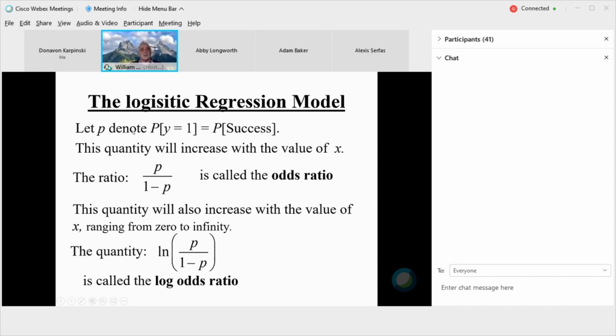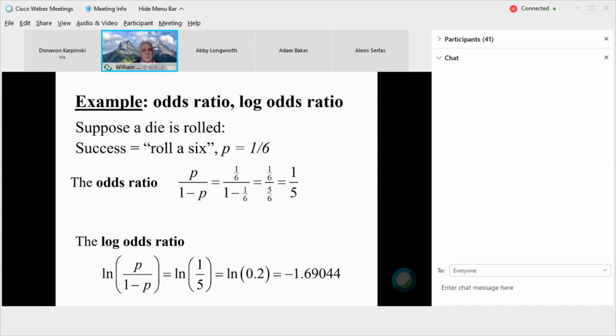P will go from 0 to 1. The quantity log P over 1 minus P is called the log odds ratio. P, the odds ratio, and the log odds ratio are all related one to one.